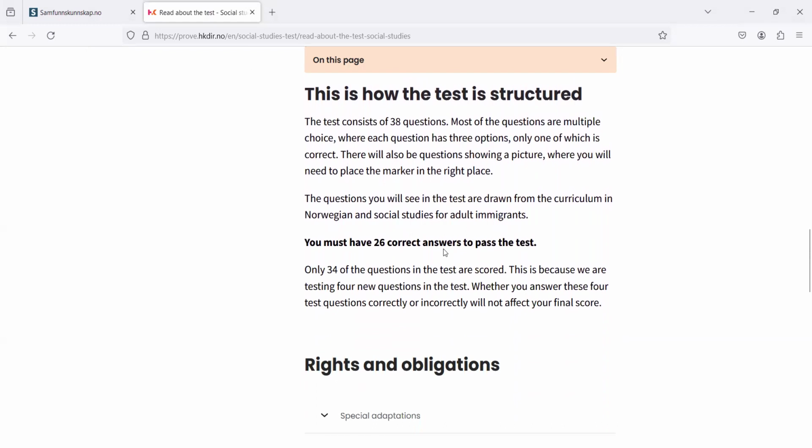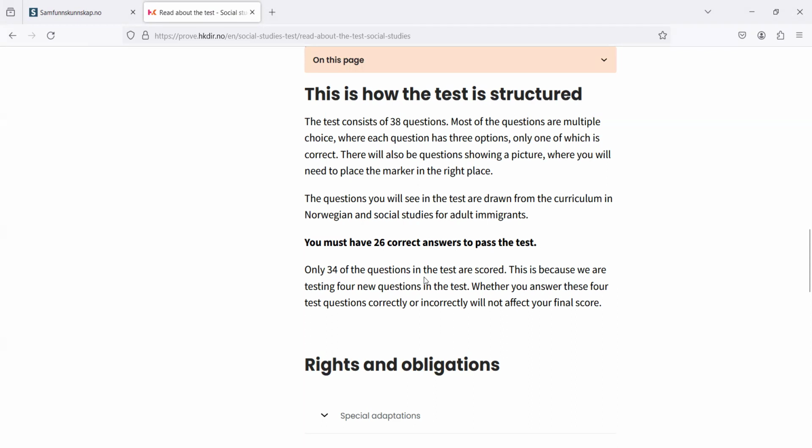And here you can find information about questions. The test consists of 38 questions, mostly multiple choice, and one option is correct, but sometimes two options are correct, and that will be mentioned in the question. You must have 28 correct answers to pass the test.